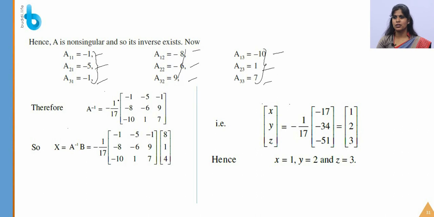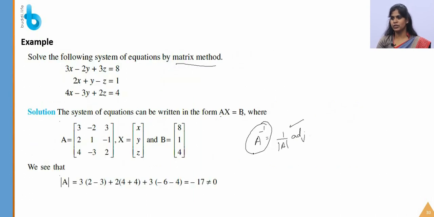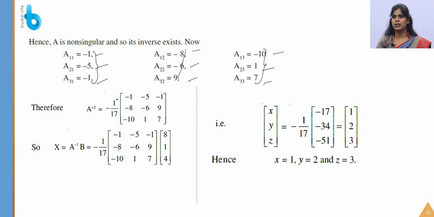That is the transpose, taking the transpose for finding the adjoint. Now substitute in the formula, the A inverse formula I told you: 1 by determinant of A into adjoint of A, and we got the A inverse now. And how to solve the equation?